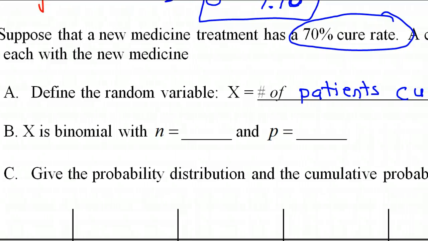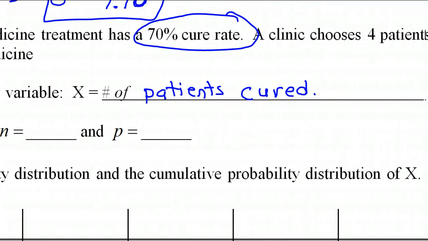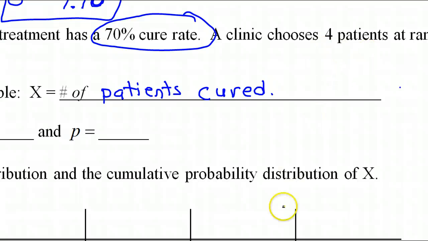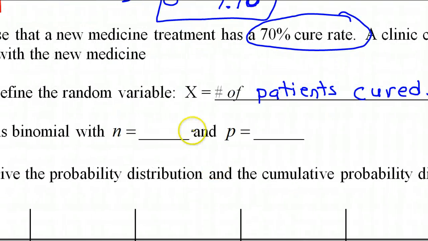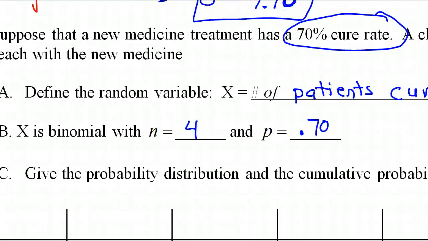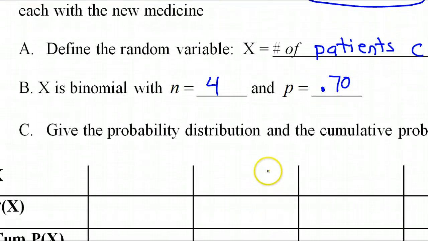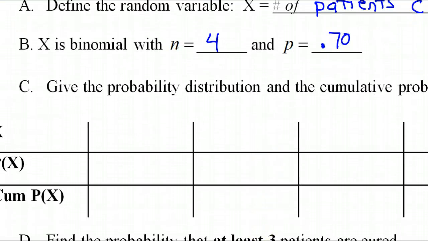Okay, x is binomial with n equals, well, they said 4 patients are being chosen, so n is 4. And they gave us the cure rate of 70%, so that's p equals 0.70 or just 0.7 would be fine. Great. Give the probability distribution and the cumulative probability distribution.